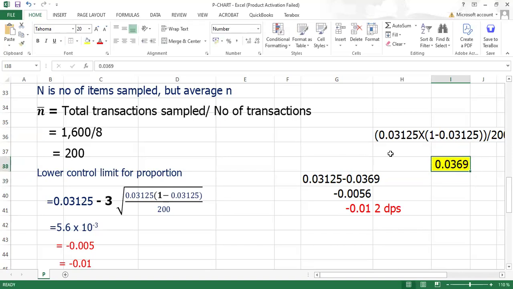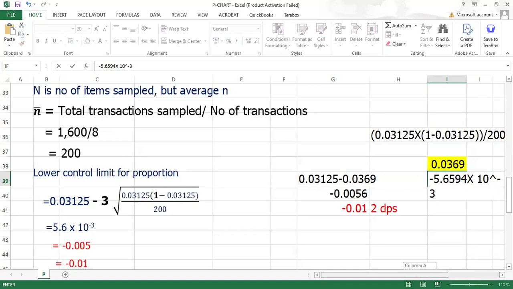When this answer is still on your calculator, we write 0.03125 minus answer. Then you will have negative 5.6594 times 10 power negative 3. That's what you have.